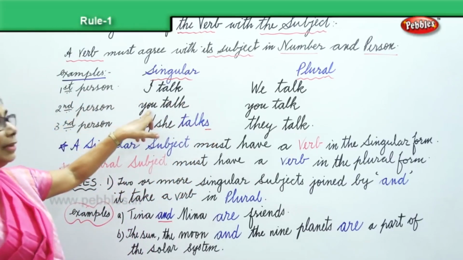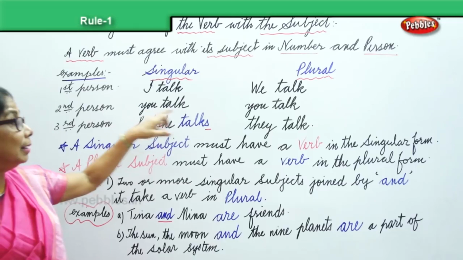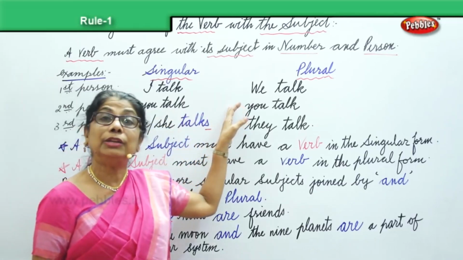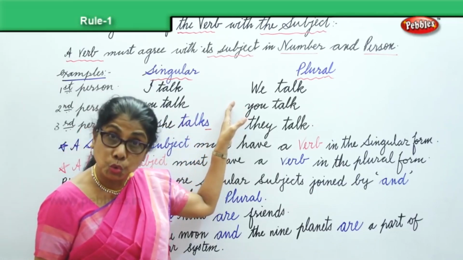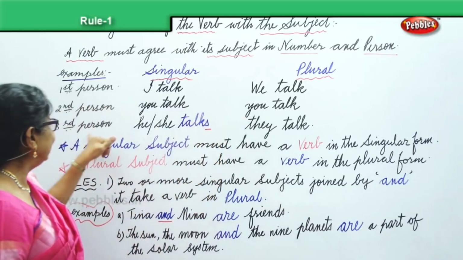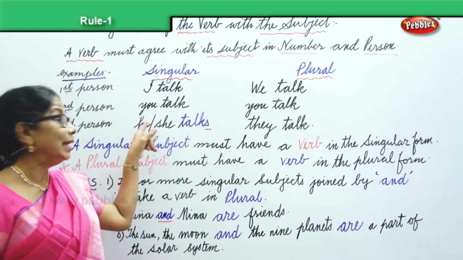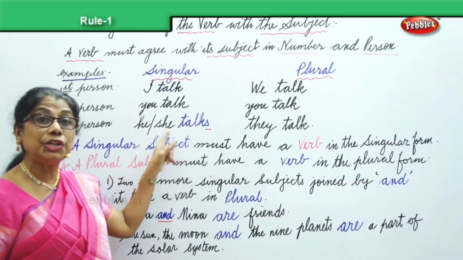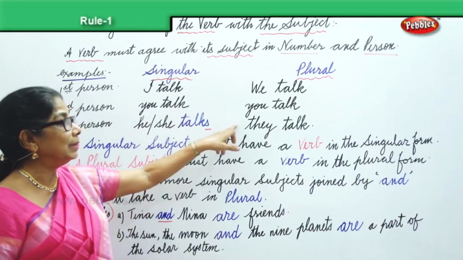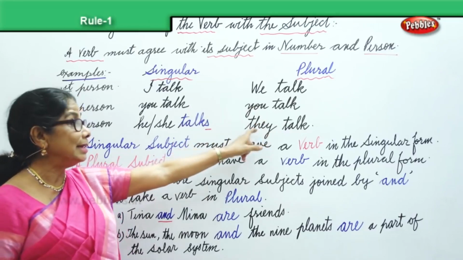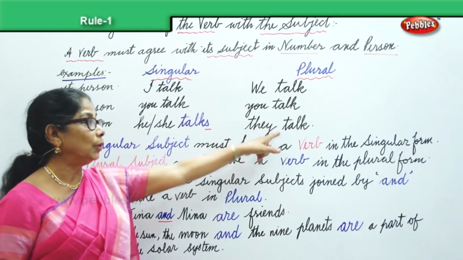In the second person we say, you talk. Again, in the plural, we say, you talk. And in the third person, he or she, we say, he talks, she talks. And in the plural form, we say, they talk. Look at the verb.